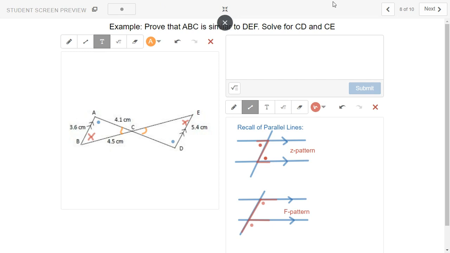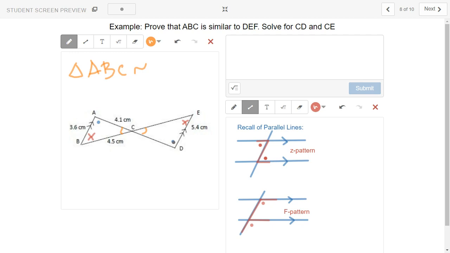All right, we have now determined that triangle ABC is similar to triangle DEC. Now notice that angle A, I used a blue dot.